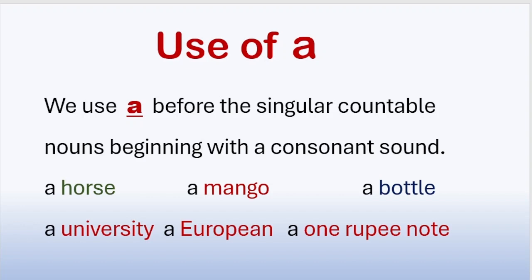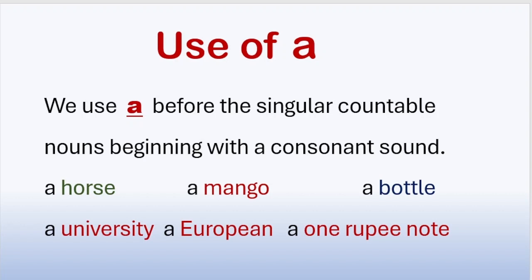Ha is a consonant sound, so here we have used a before it. The word university begins with the letter U, that is a vowel, but we have used a here because this vowel U sounds like a consonant sound, that is why we have used a before university.